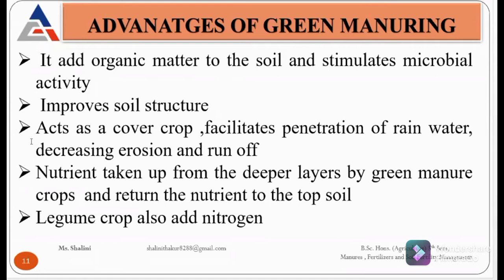They also prevent soil erosion and decrease runoff. Fourth point is that nutrients are taken up from the deeper layers by green manure crops and returned to the topsoil. And mostly we use legume crops, so they also add nitrogen.